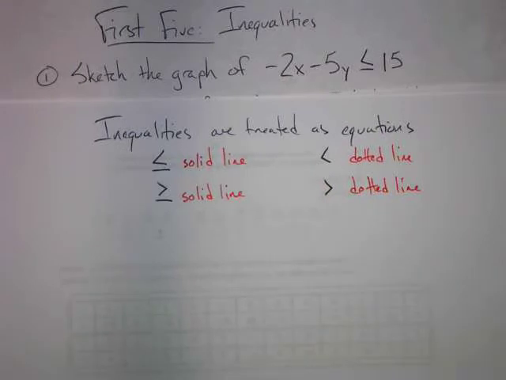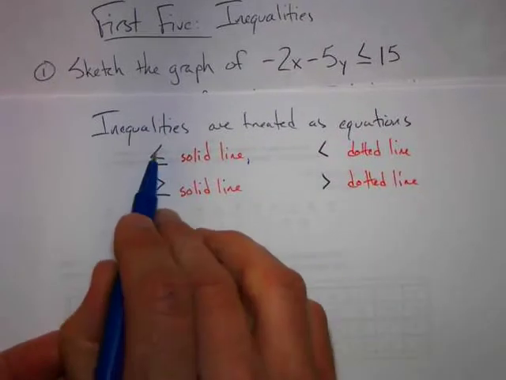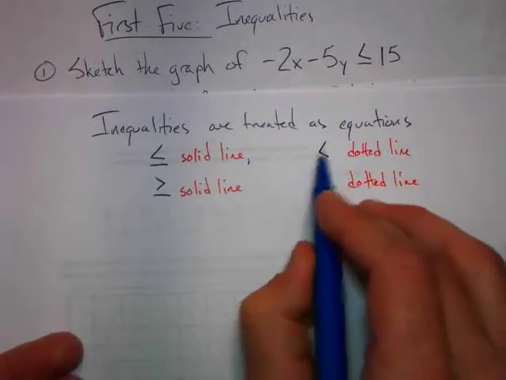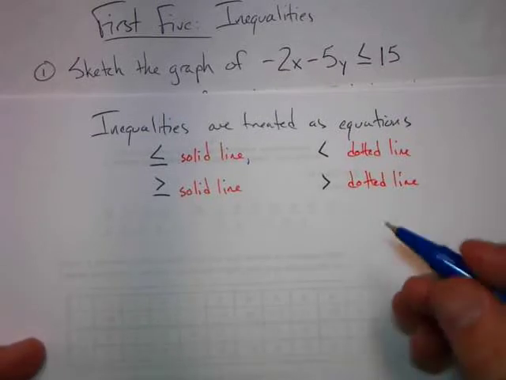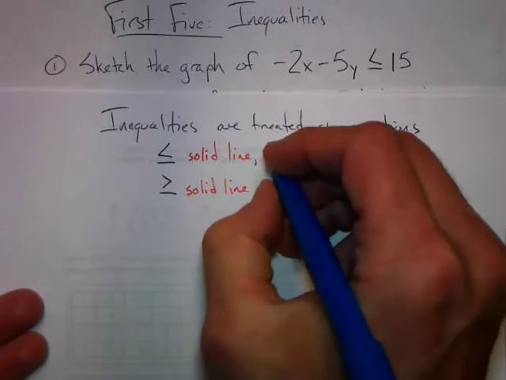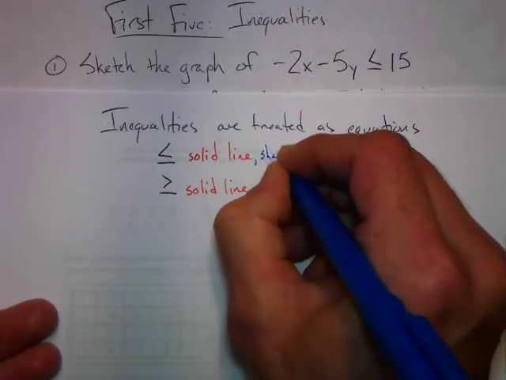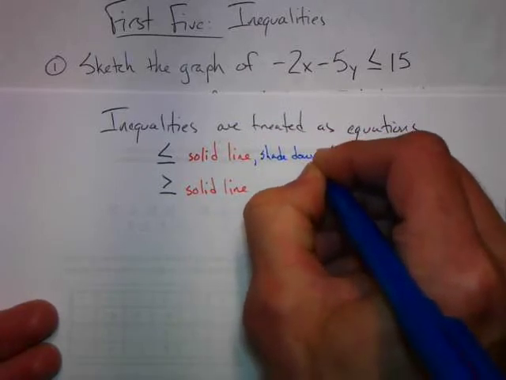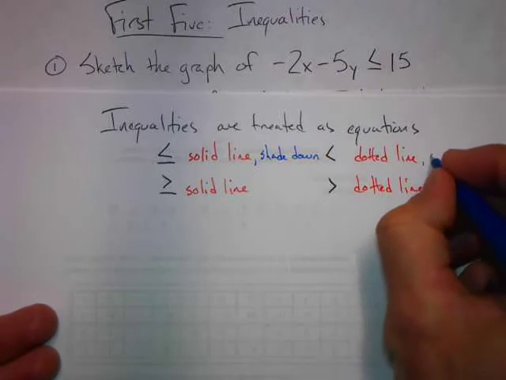Now also with inequalities, we're going to be dealing with shading. So if you read something that says less than, that means the solution set is everything less than that particular line, and that means it's every ordered pair less than that line, which means we're going to have to shade down.